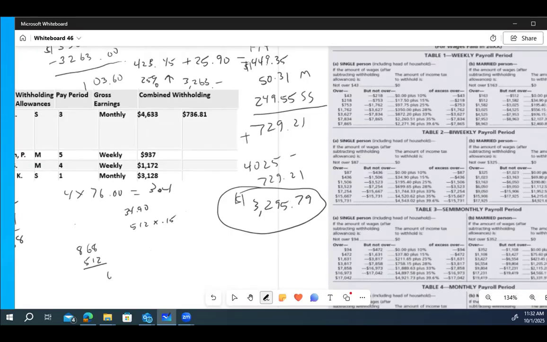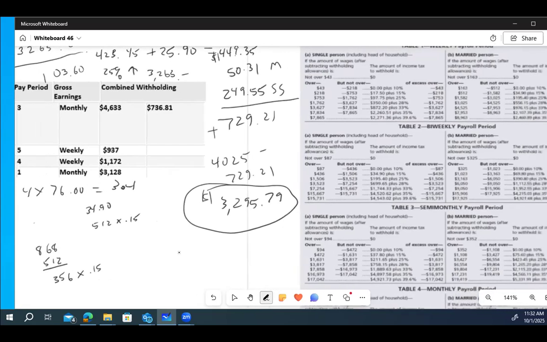So $356 is subject to the 15% tax. So 356 times 0.15 equals $53.40. That's her tax plus 3490 is her tax. So that would be $98 is her tax.